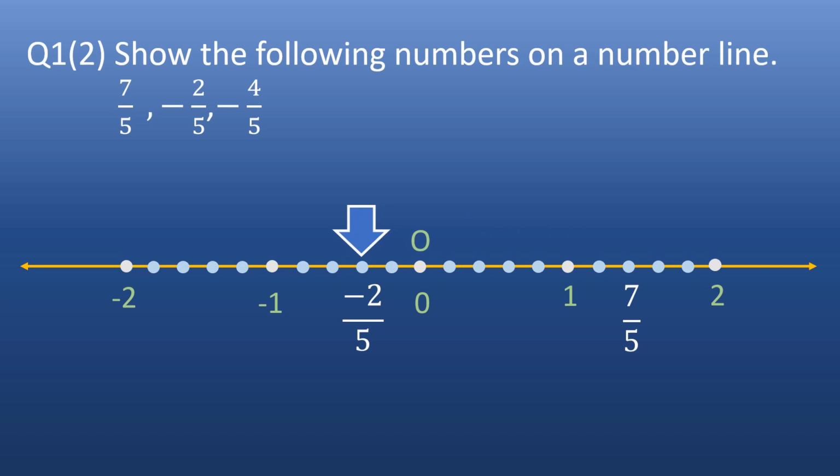Note that negative sign indicates that the point is on left side of origin. Mark fourth point on left side of origin as minus 4 upon 5. Again, negative sign indicates that the point is on left side of the origin.